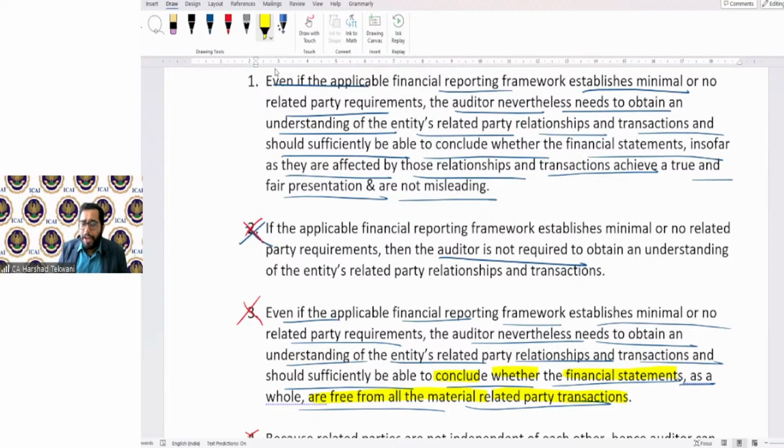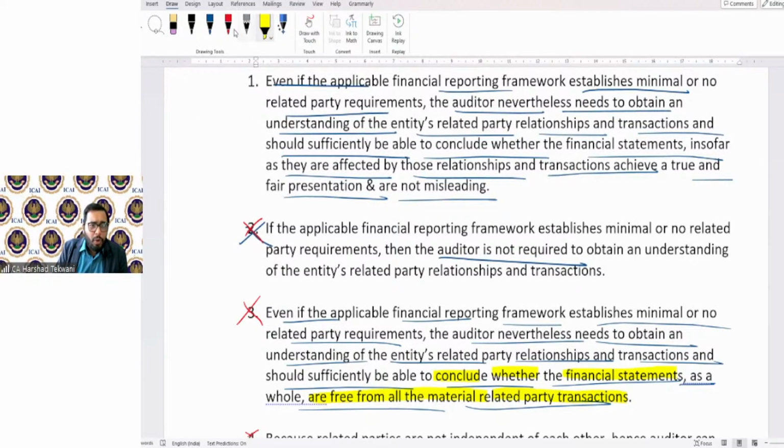Okay, our responsibility, or management's responsibility, is not to create a financial statement that should not contain any related party transaction. So 3 talks about whether they are free from all the material related party transactions. That's not required. You can have related party transactions. Related party transactions don't mean that they are misleading. So you need to understand from that point of view that it talks about freeing all the related party transactions, or removing all the related party transactions from the financial statement.